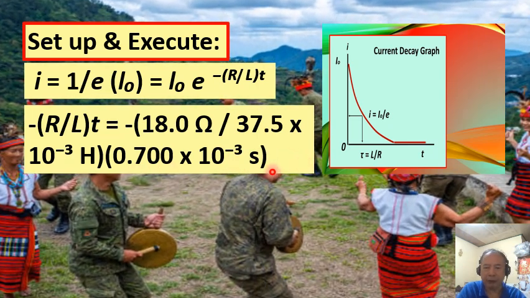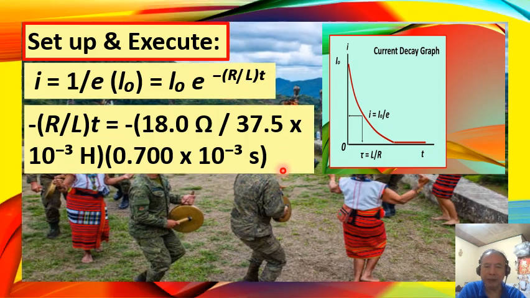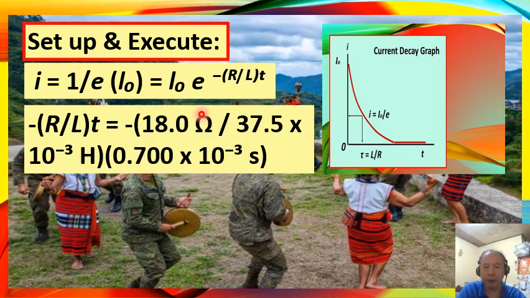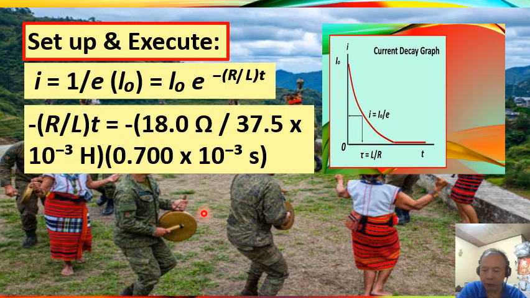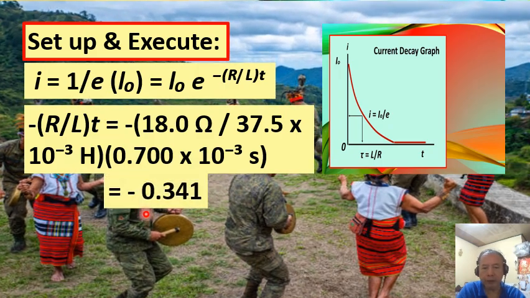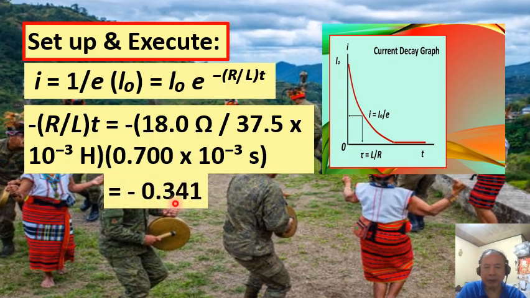So with the help of your calculator, we get the value of the power of Euler's number equal to negative 0.341.